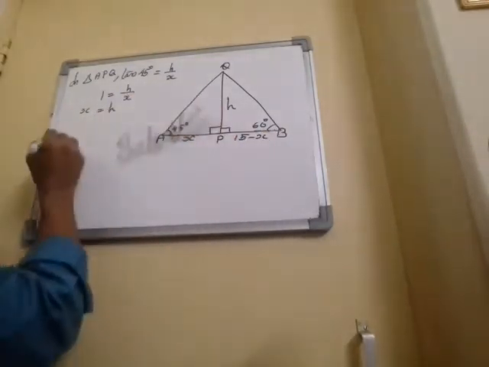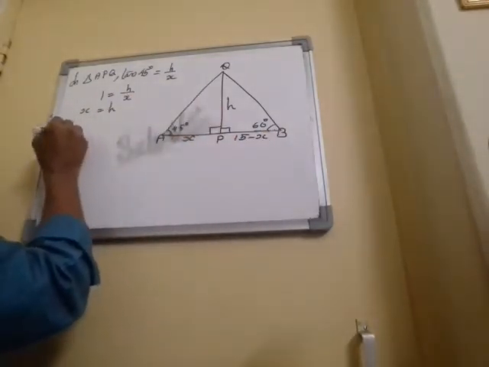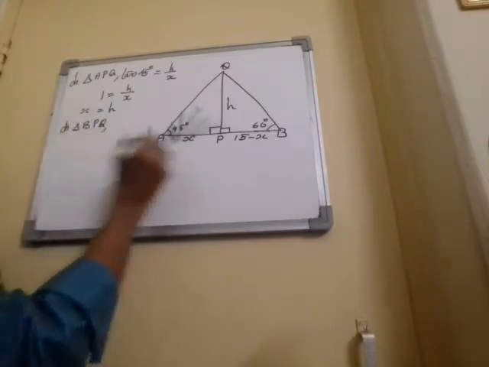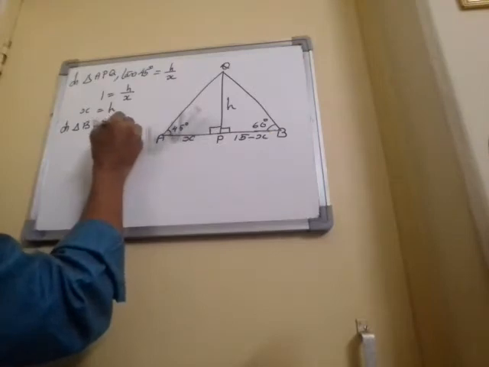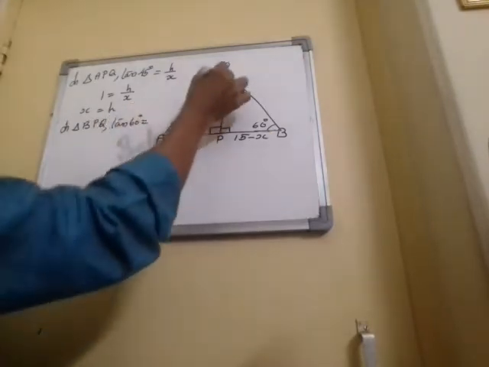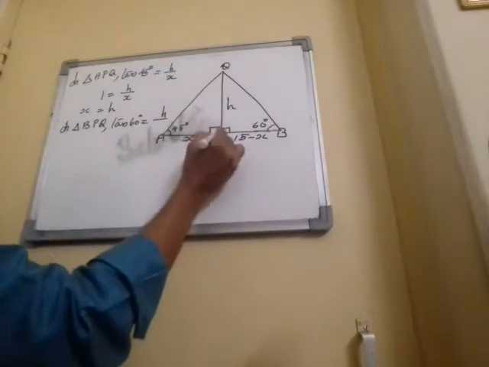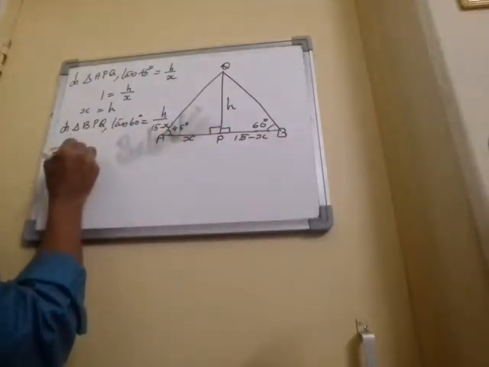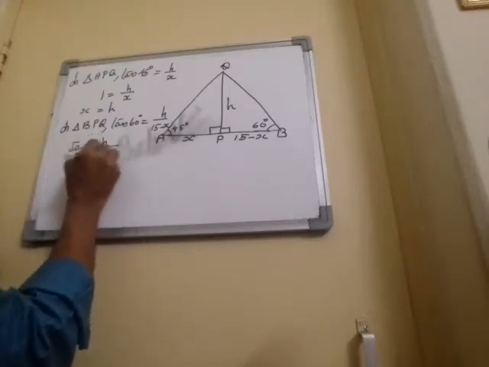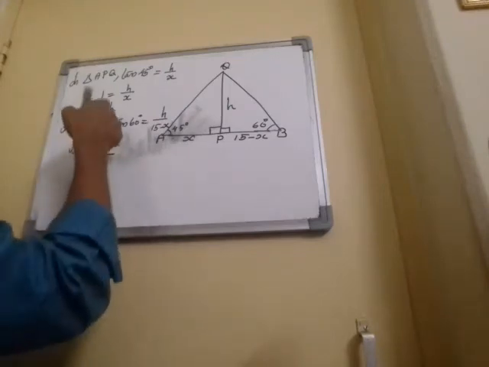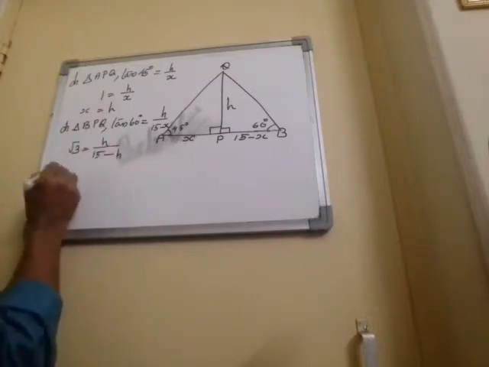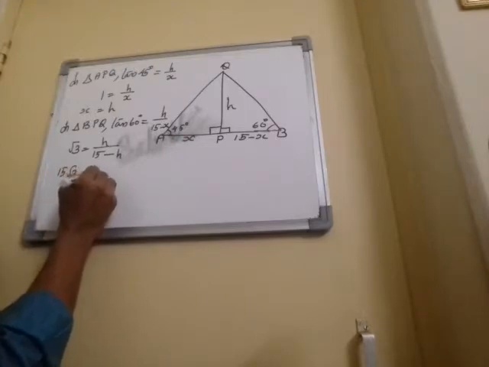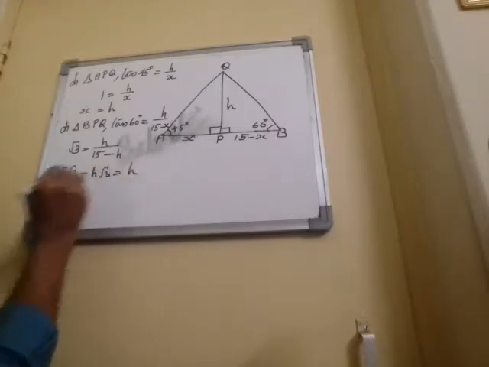Now in triangle BPQ, tan 60, again perpendicular by base 15 minus x, tan 60 is root 3, so h by 15 minus x is also h, cross multiply 15 root 3 minus h root 3 equal to h.